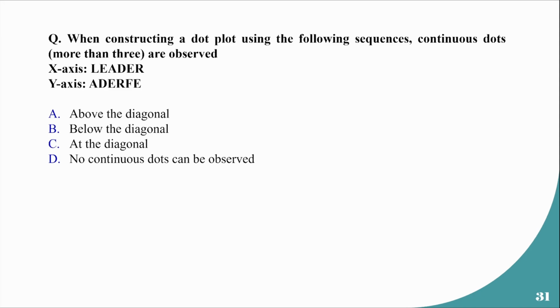Wherever the x and y axis characters match, you put a dot there. And when you finish constructing the dot plot, you can infer some information from the diagonals, wherever you are finding matching sets of subsequences and so on. So here the question asks, when constructing dot plots using these two given sequences, where are these continuous dots observed?